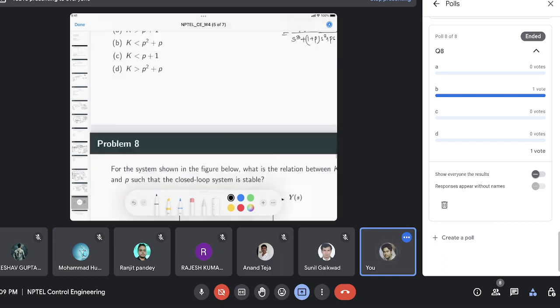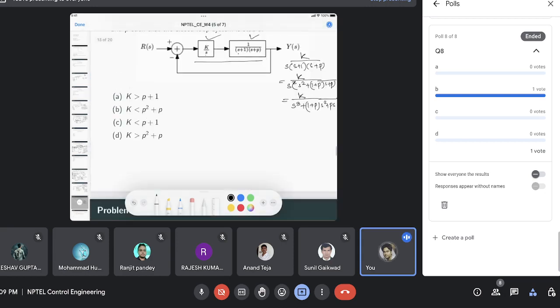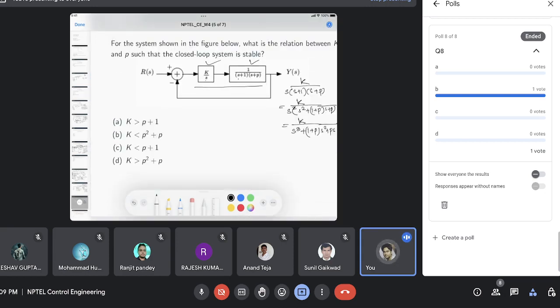Okay, anyway, the closed loop transfer function will be what? G by 1 plus g, because h is 1 here, and you need only this characteristic polynomial. We compute it, so it will be clear.